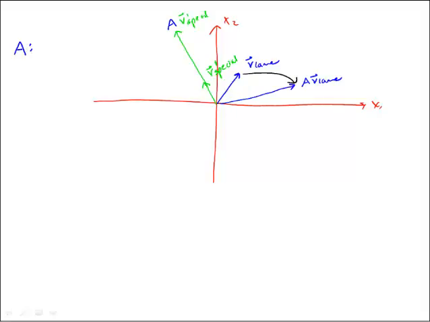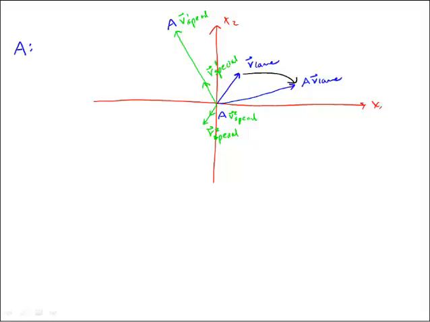In this case, there will actually be at least one other special vector. This is V2 special. And maybe when you operate on V2 special with A, what it does is shrink the vector. So maybe that's A times V2 special. So for all the special vectors, A just shrinks or stretches. It does not rotate them.